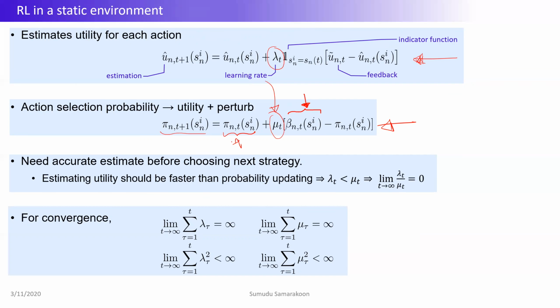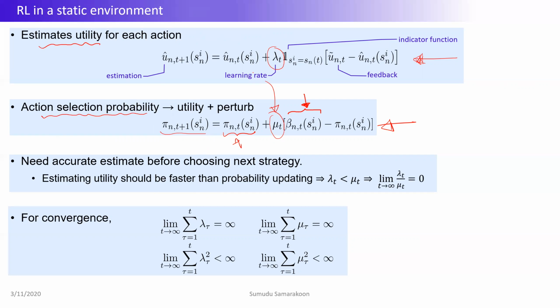If we think about how these steps have to be done, ideally we prefer to have this knowledge about the estimated utility. We need to gather this knowledge much faster compared to this update in the action selection probability.